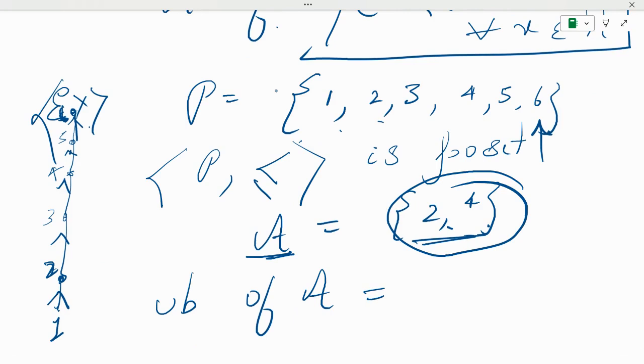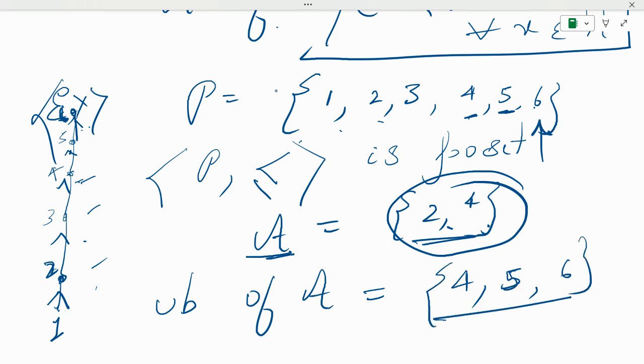So for the upper bound of A, 4 covers all the elements, 4 and 2. 5 also covers 4 and 2, and 6 also covers all the elements. So we have 4, 5, 6, the upper bound includes all of these.